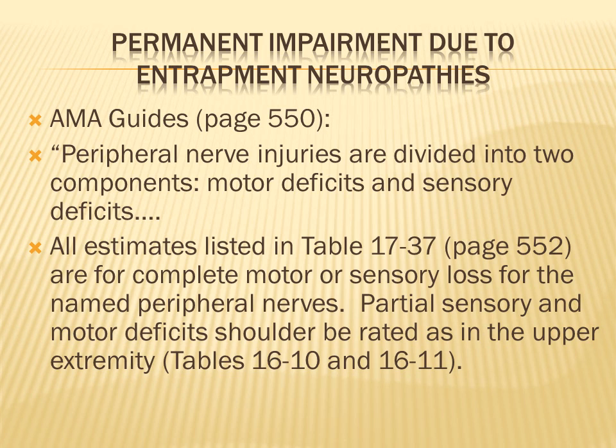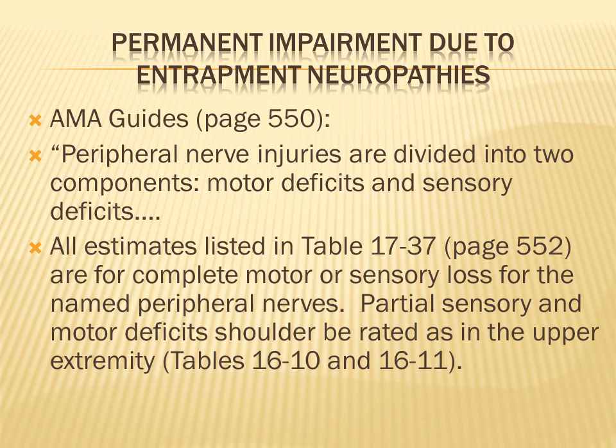The AMA Guides talk about motor nerves as including the superior gluteal nerve, the inferior gluteal nerve, the nerve to the piriformis, and then from there the obturator nerve, the femoral nerve, the sciatic nerve, and the medial and lateral plantar nerves. We'll discuss the motor and sensory nerves as they're described in Table 17-37 as we go a little bit further.